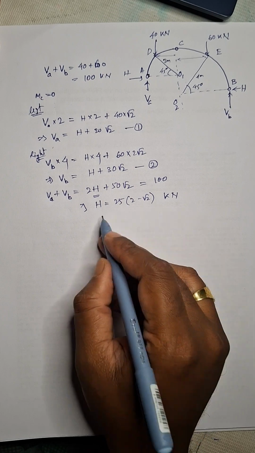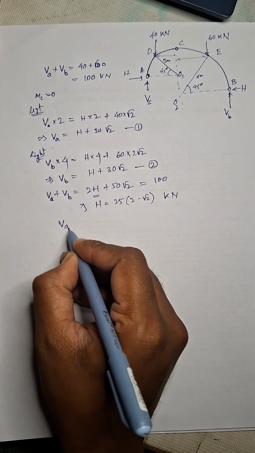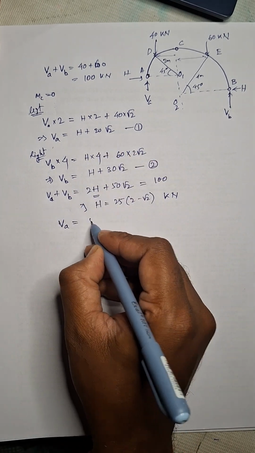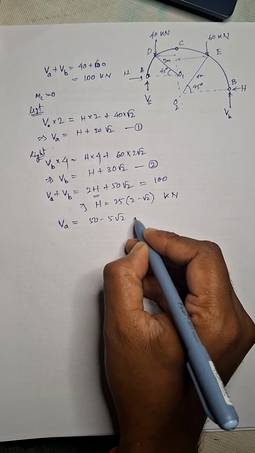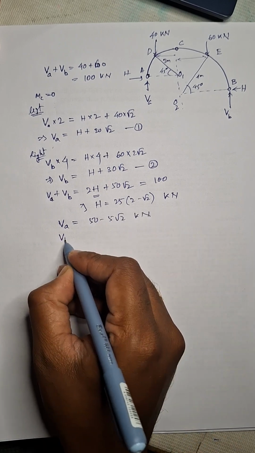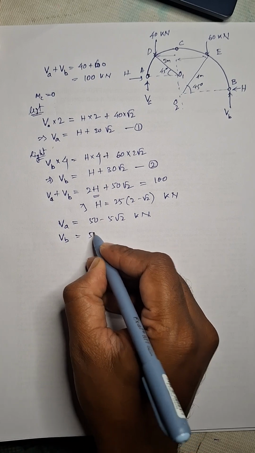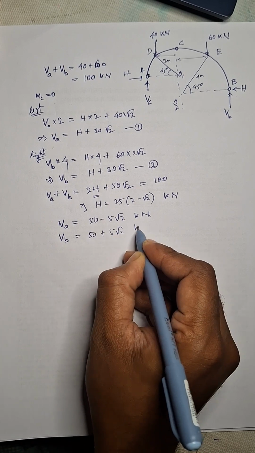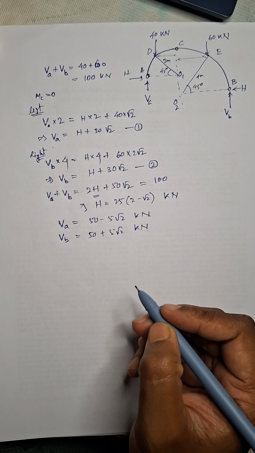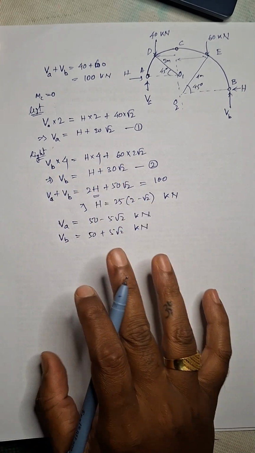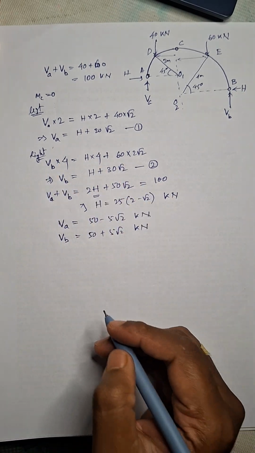If we put this value in VA and VB, we'll get VA equal to 50 minus 5 root 2 kilonewton, and VB as 50 plus 5 root 2 kilonewton. Now we got the support reactions VA, VB and the horizontal thrust.